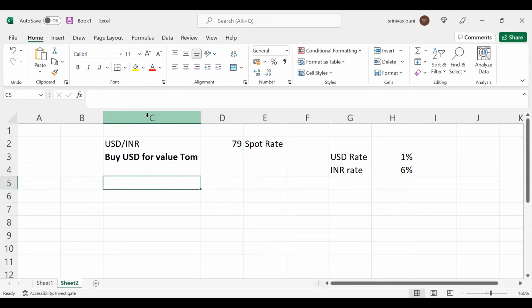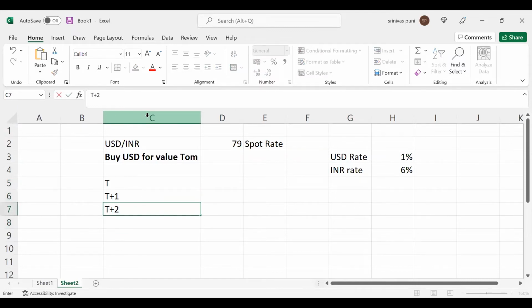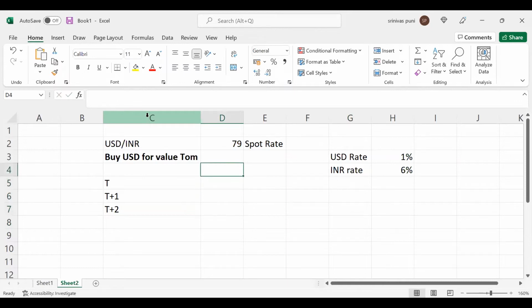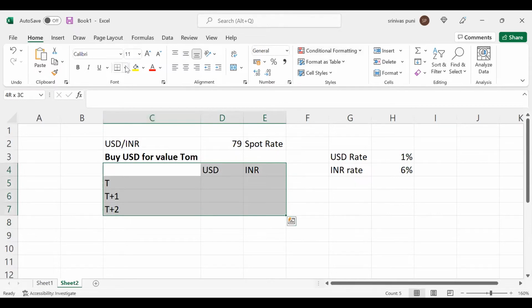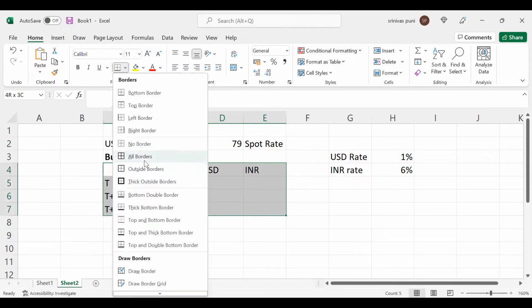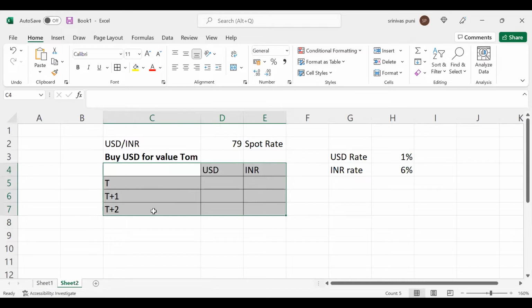Now, if I want to buy dollars for T+2 settlement, this is today, then this is T+1 and this is T+2. This is USD and this is INR. I'm making a simple table here. I will take an example of $1, just for simplicity's sake, against how much? 79 rupees.